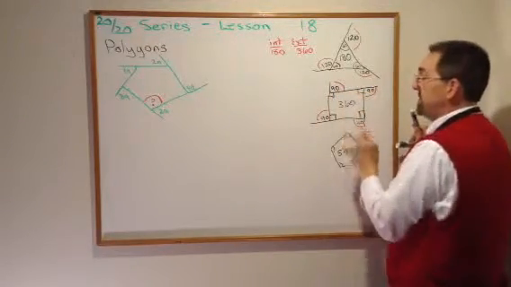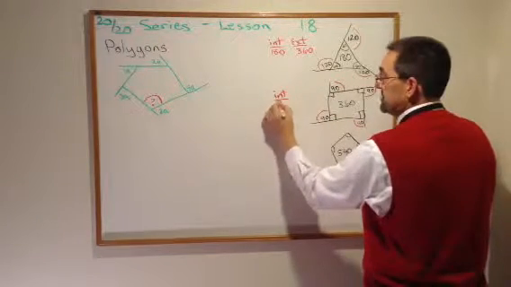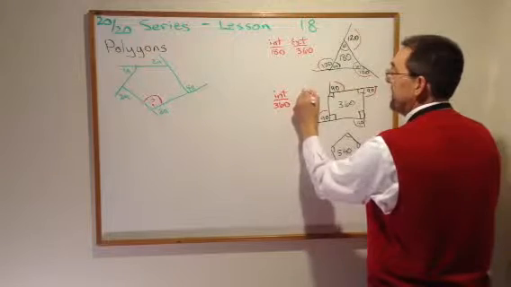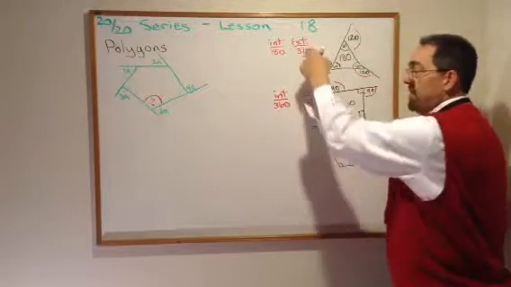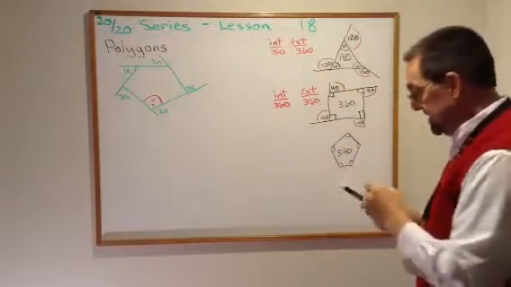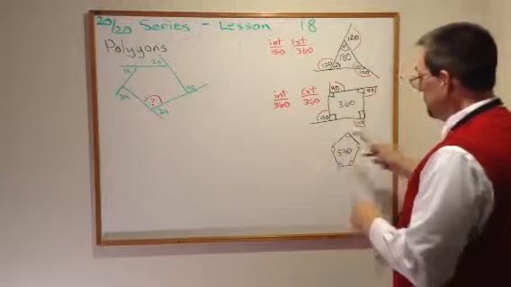Four times 90, 360. So our interior is 360, the exterior 360. The exterior is always 360. Now that we know that, we can actually go to our pentagon.